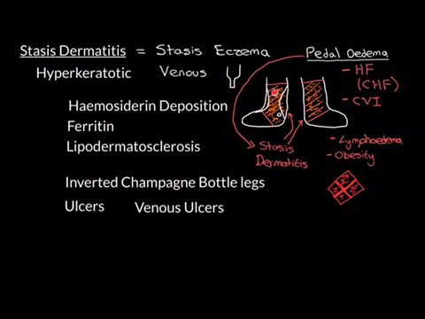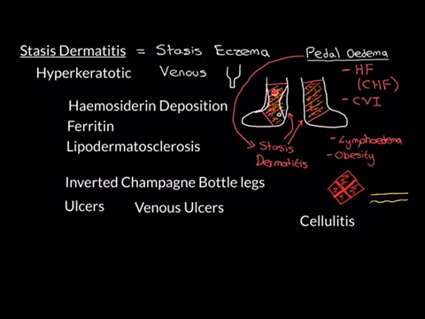So just to contrast stasis dermatitis to cellulitis. Cellulitis is an infection, whereas stasis dermatitis, as we've discussed, is a response to the pedal edema. It's not an infection. Cellulitis is an infection of the subcutaneous fat layer of the skin. So just to remind you of the structure of the skin, you have the epidermis here, the most outer layer of the skin.